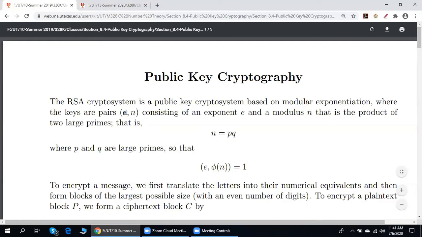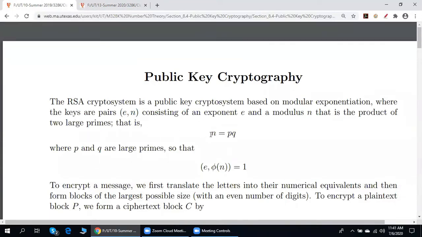This is a positive integer and this is a positive integer. Now, the number n is the product of two prime numbers. Moreover, this word is important. P and Q are not just some prime numbers.